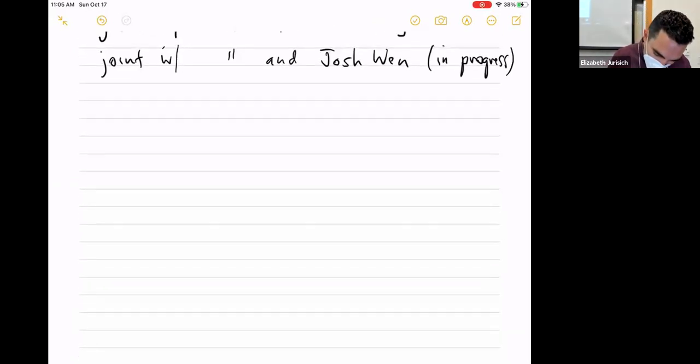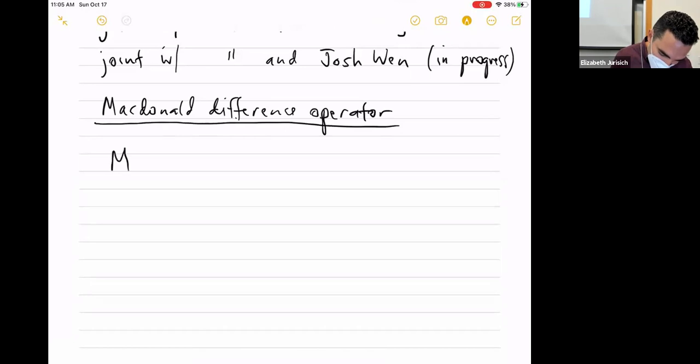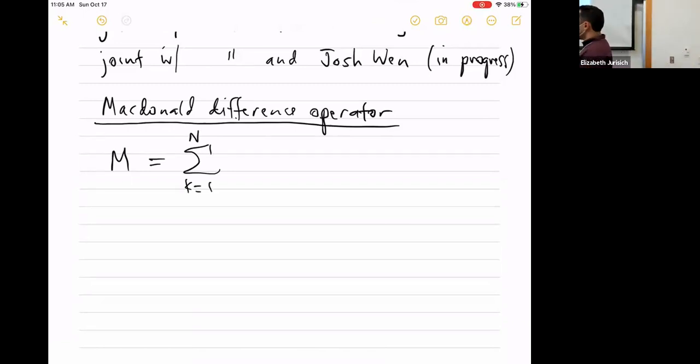So Macdonald polynomials really started with the Macdonald difference operator. This is the origin of the subject. So I'm going to write this down. M is the sum, k equals 1 to n. N is the number of variables, okay?